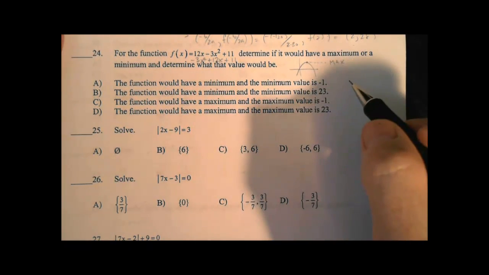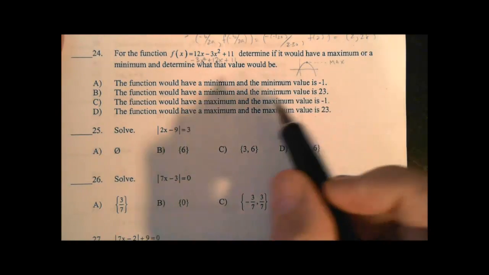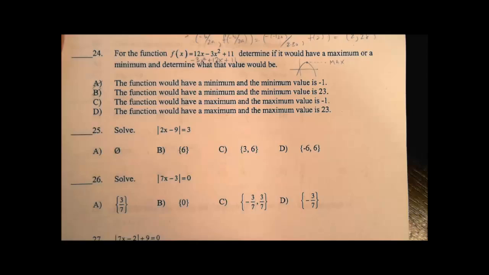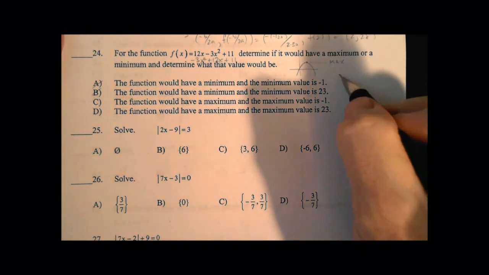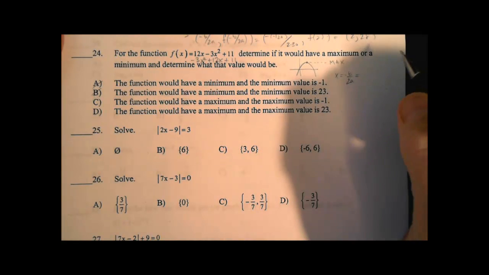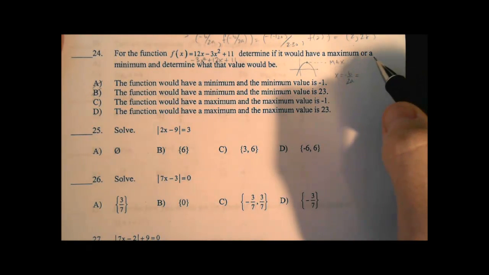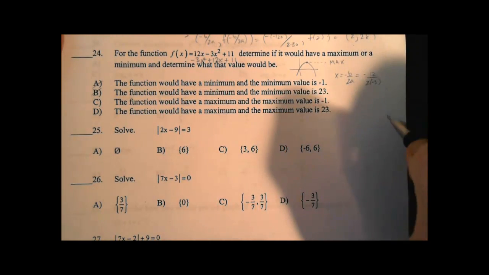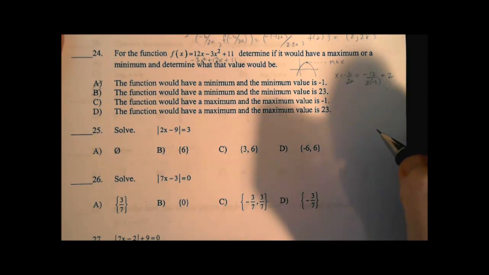So in this case, we know that it has a maximum, so it's going to be either C or D, and we just need to find minus b over 2a. And my guess is they're going to try to fool us with a few things, but let's go ahead and look at this. Minus b is minus 12 over 2a, 2 times negative 3, and we get negative 12 over negative 6, which is positive 2.